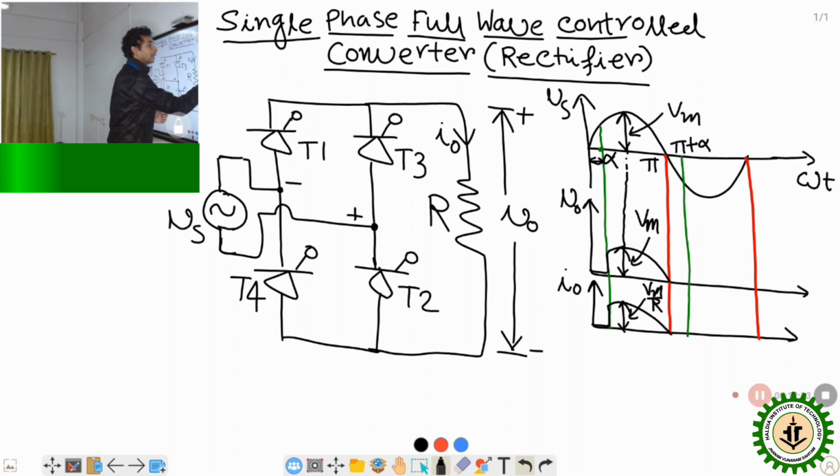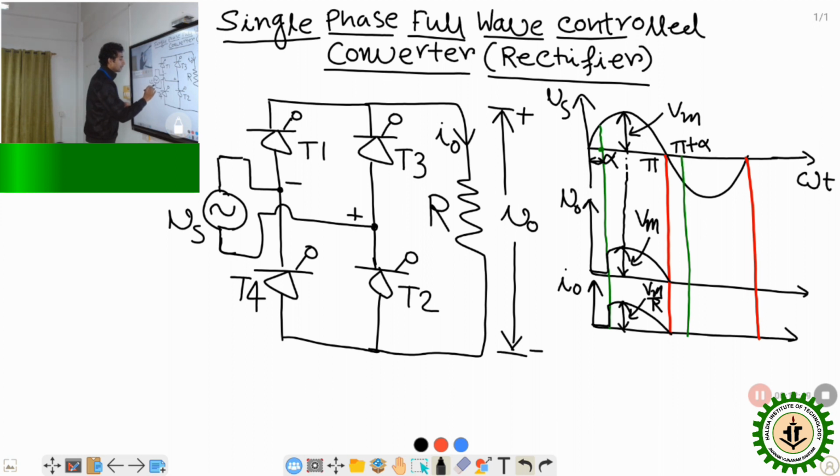At alpha we triggered T1 and T2. T1 and T2 conducted from alpha to pi. After pi, T1 and T2 are reverse biased. T3 and T4 are forward biased. So after pi, at the alpha period, that is total pi plus alpha, at this point we are going to trigger T3 and T4. When T3 and T4 are triggered, I am showing you what will be the direction of current.